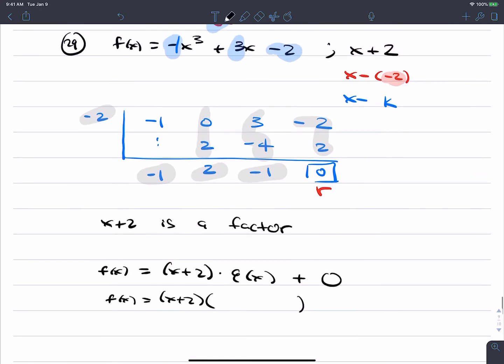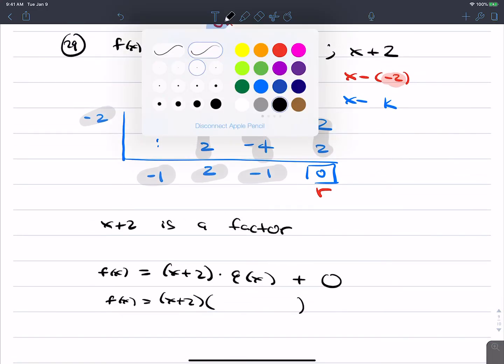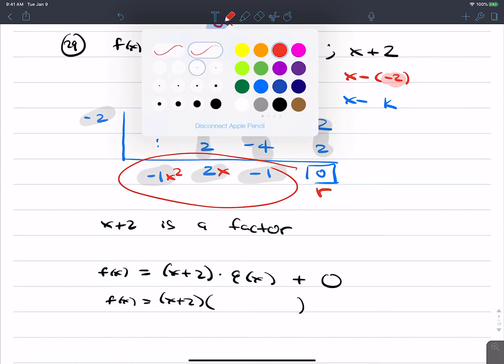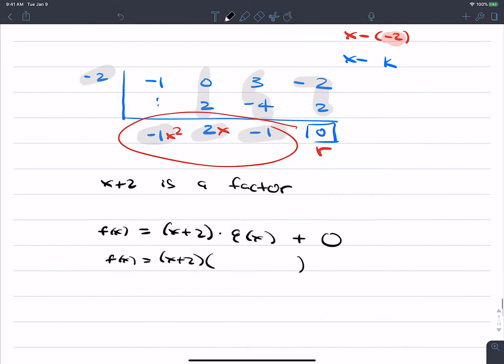let's remember, we're going to make use of these coefficients. Since your highest power here was 3, that makes this x squared, x, and then your constant. So we have here negative x squared plus 2x minus 1, and you have factored.